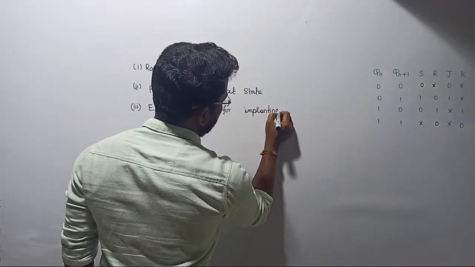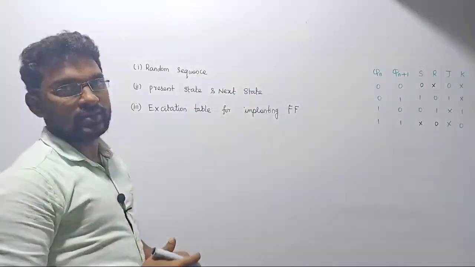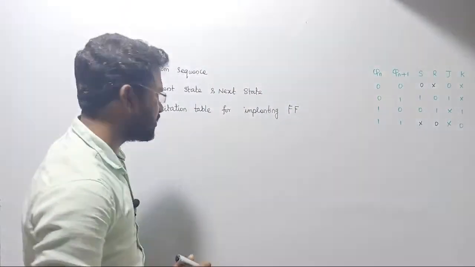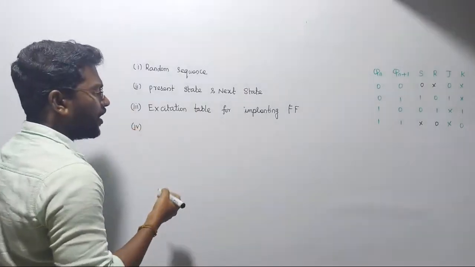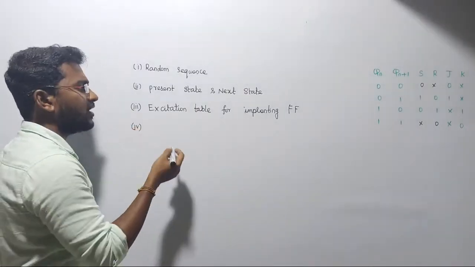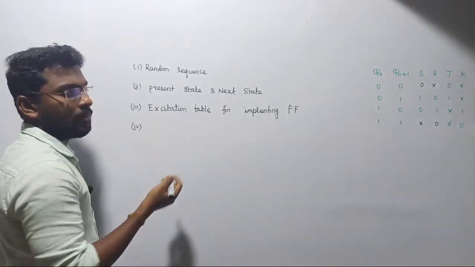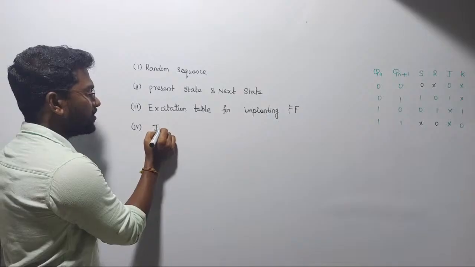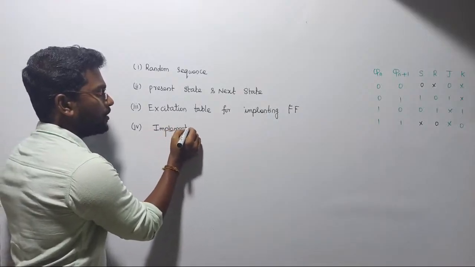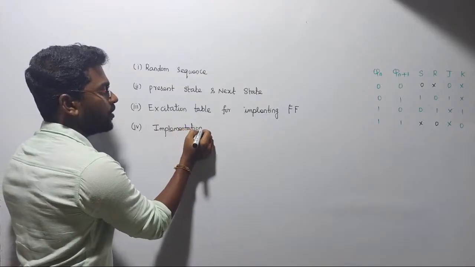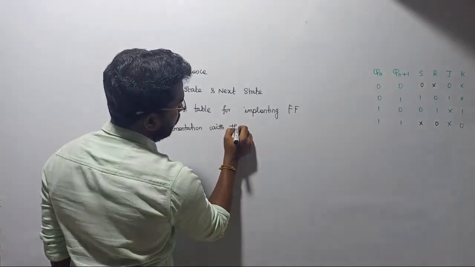It might be T flip-flop, D, JK, SR, whichever flip-flop you want, you can take, right? After writing the excitation table, you are supposed to find out the characteristic equation or the relations between outputs and inputs by putting them into the K-map. That's all. The final step is circuit implementation with the help of K-map, right?